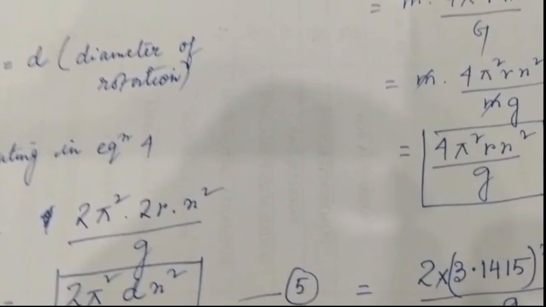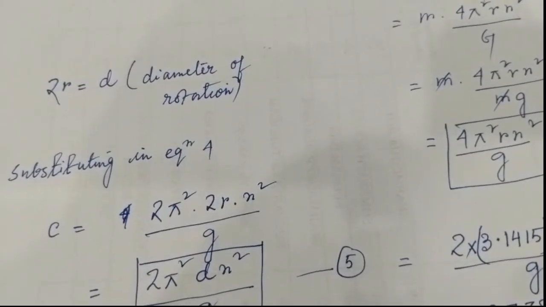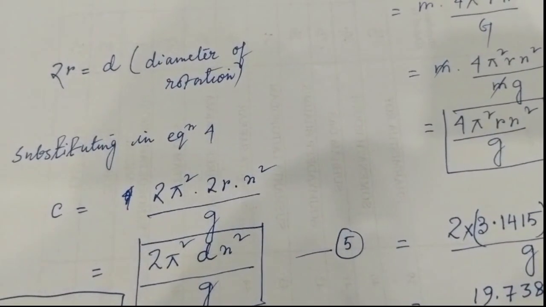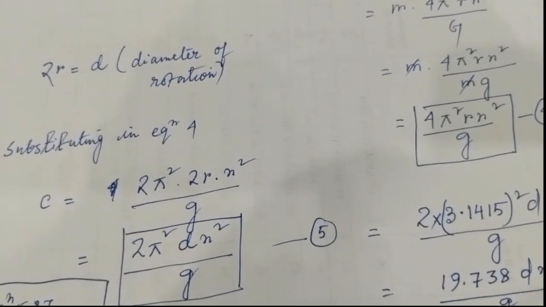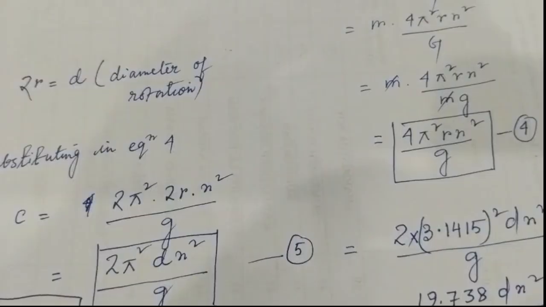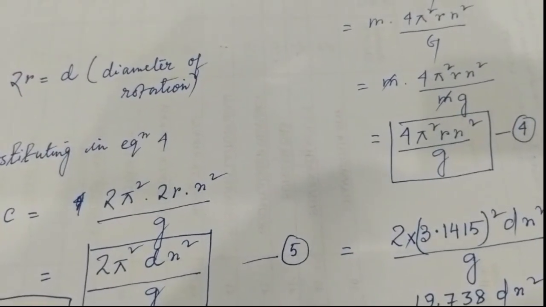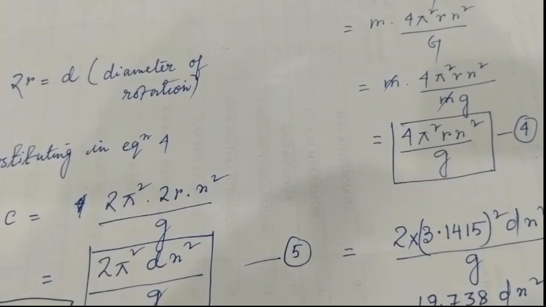Now 2r, we know, is equal to d, the diameter of rotation. Substituting in the equation, C is equal to 4 pi square r n square by g.